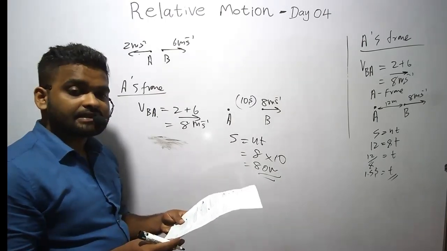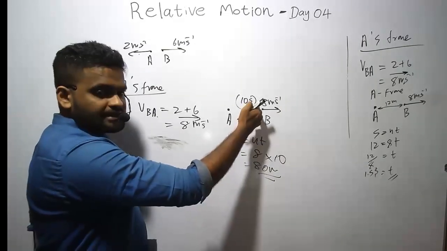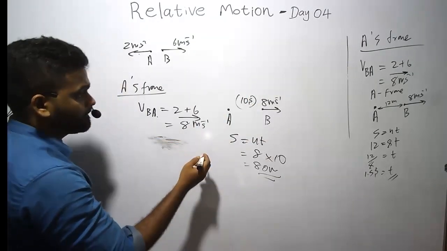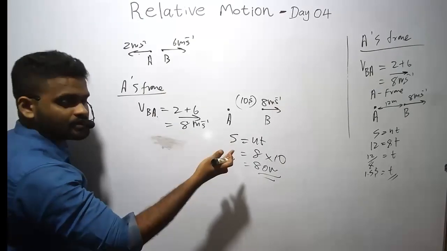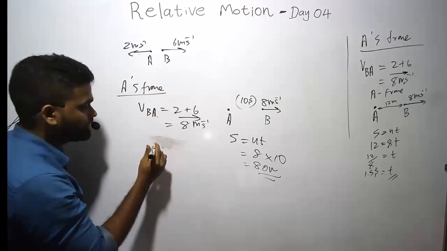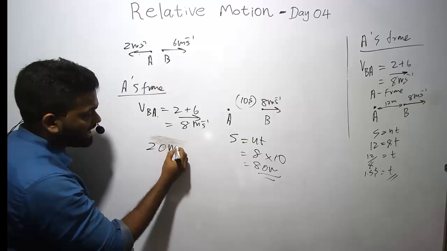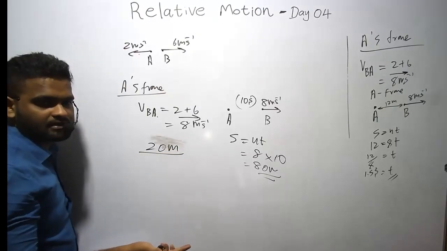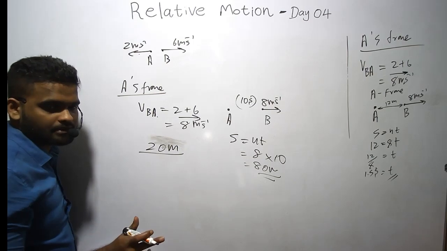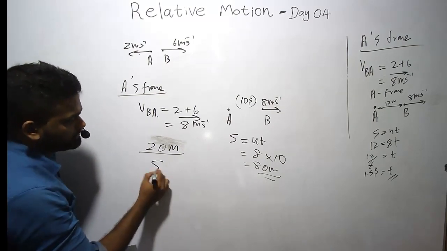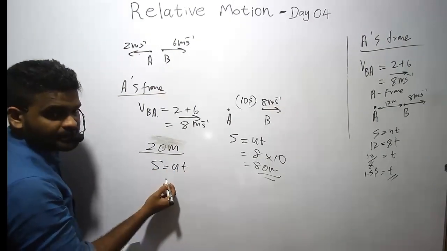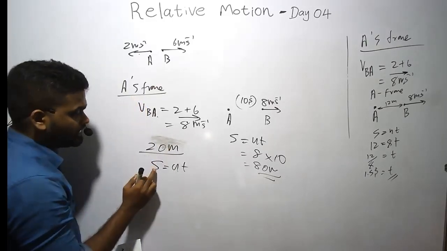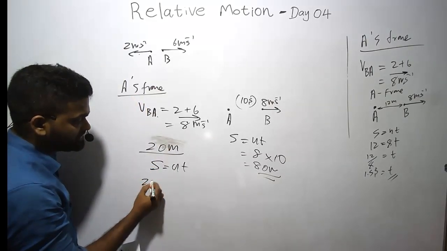Then another one. So you know that this gap is increasing, right? This gap is increasing. I'll do that question also sitting in A's frame. When the gap is 20 meters, what's the time spent now in the second part? For that also just apply S equals UT, but everything should be relative to A. Now the gap is 20.